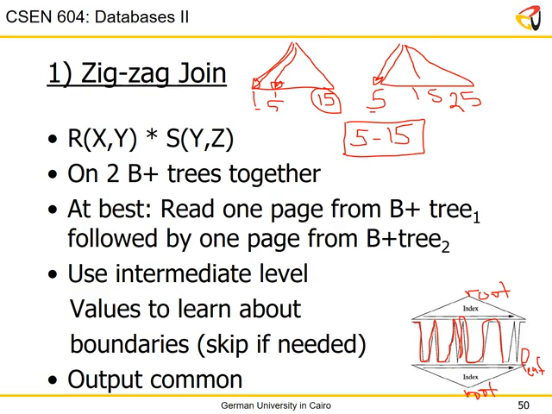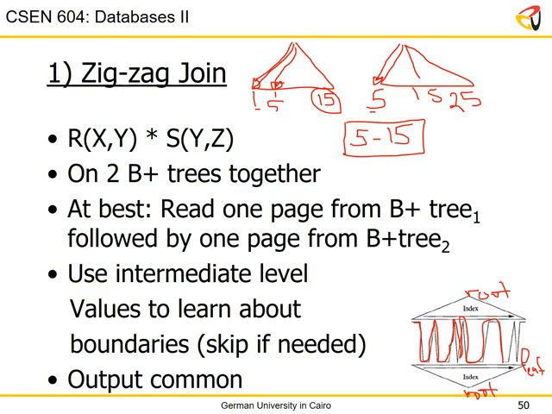Remember, we're looking for common values between r.y and s.y. Since 1 does not exist here, it's not interesting. The interesting stuff will start from 5, because this tree on the right starts from 5.